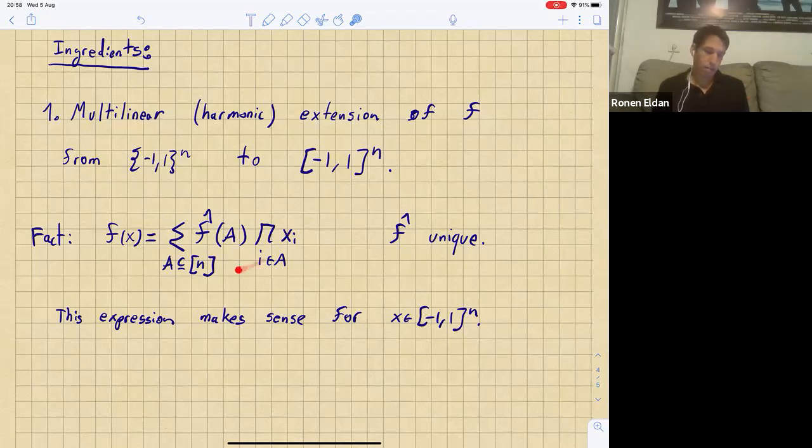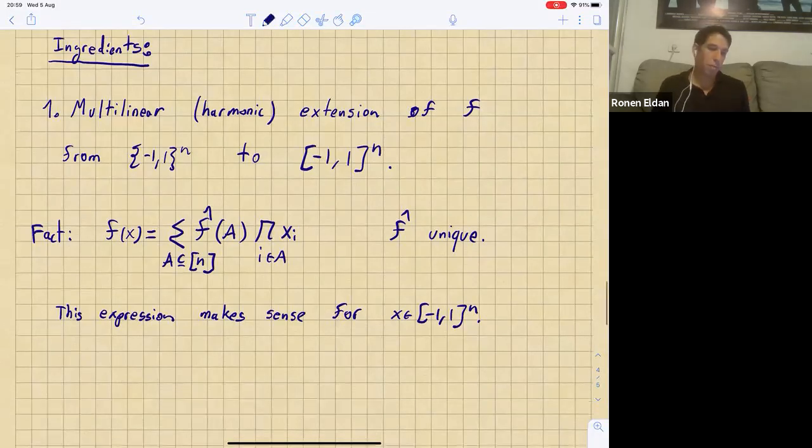And one thing to note is that this expression is multilinear, which means that this function is harmonic. And not only is it harmonic, it's also harmonic in the relative interior of every one of the k-facets of the continuous cube.